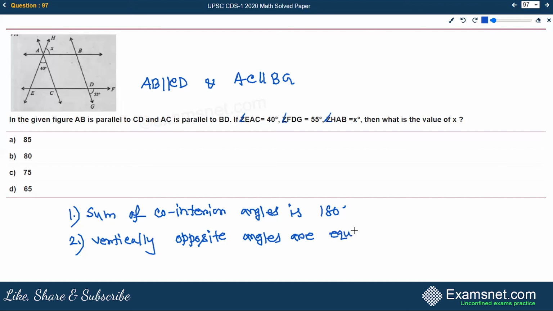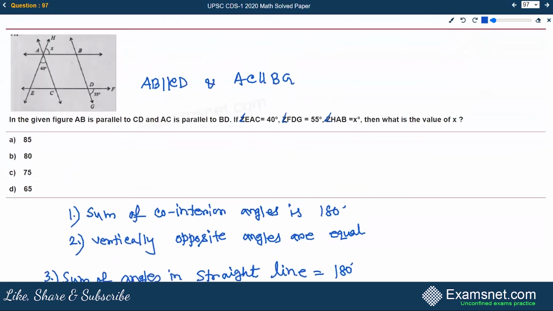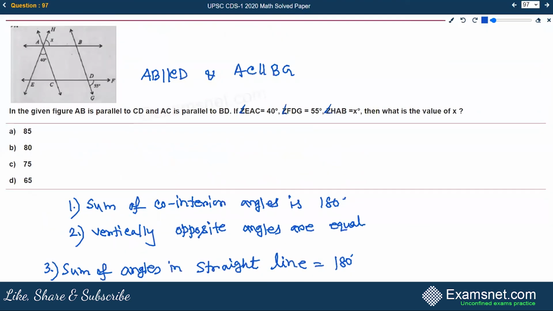One more different concept that we are going to use here is that the sum of angles in a straight line is 180 degrees.